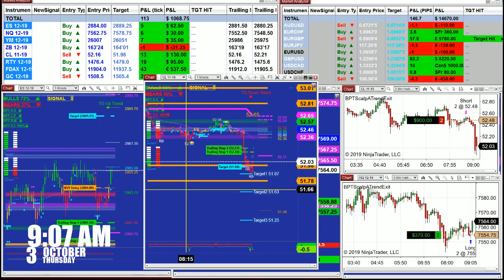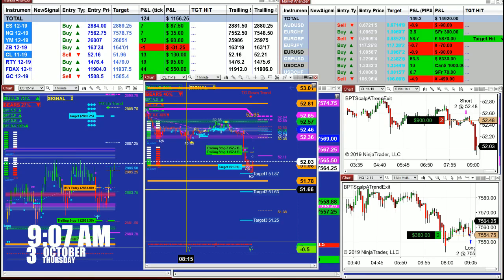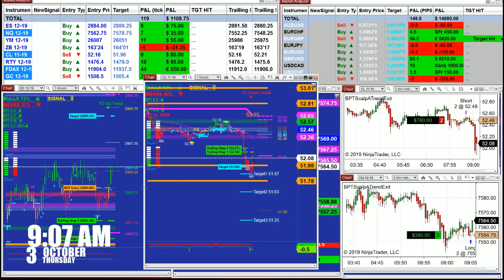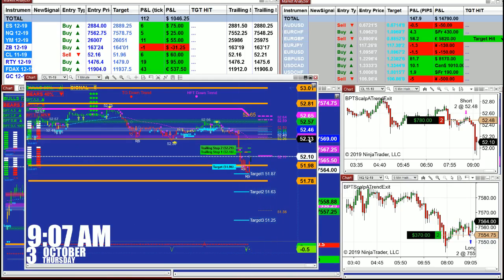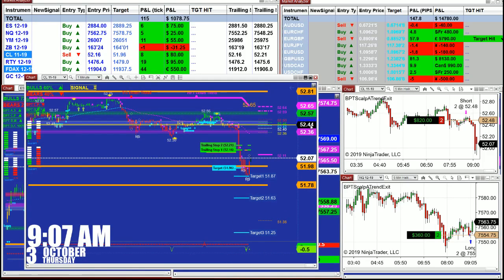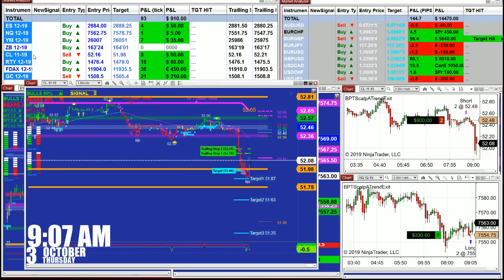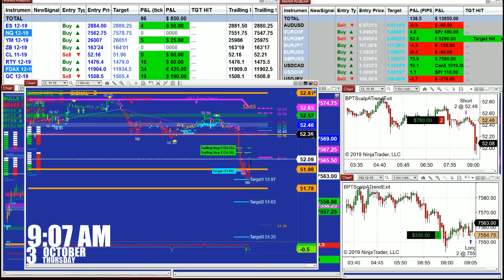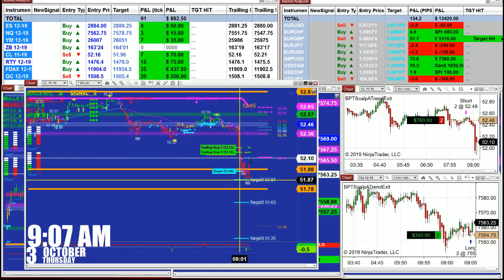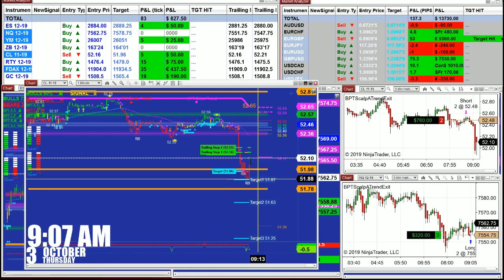Let me show you how you can maximize your profit on an auto trade if you'd like to, or leave it as is. As we look at the technical point of view here, the CL hit the target, and then you have the reversal and hit target one.